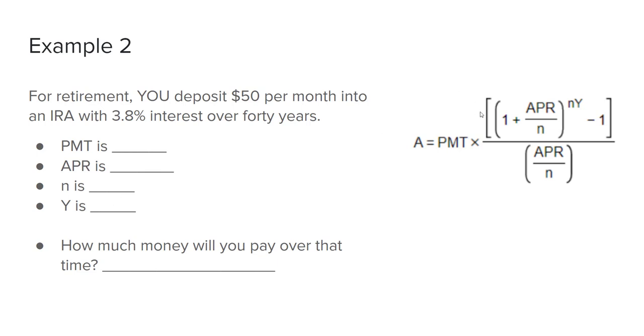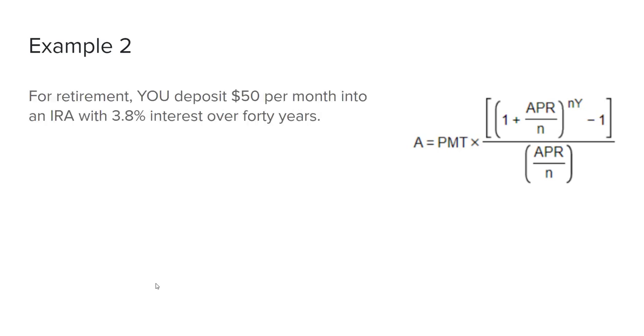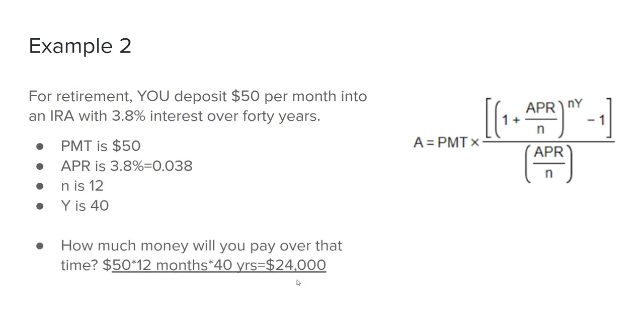I want you to take a moment or two on a calculator. It's fine to take a couple minutes. Slowly, carefully type this in, and let's estimate that amount of money in the IRA. Once you've taken some time to do that, before we actually get our calculator answer, it's always important to estimate: $50 each month for 40 years is $24,000.